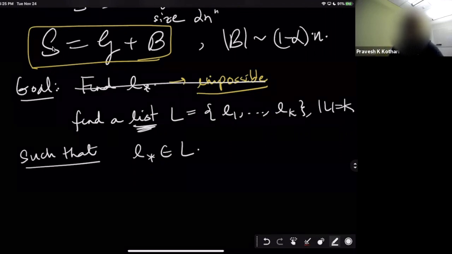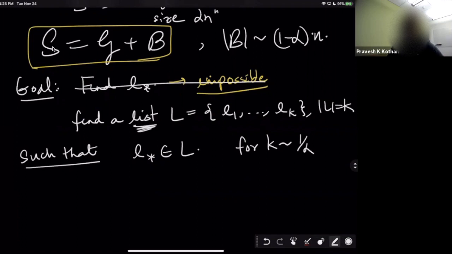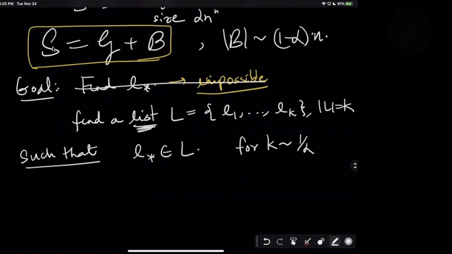Even in that case, I should be able to produce a list of 10 hypotheses, 10 candidates, such that one of them is the correct candidate, right? This 10 is basically 1 over alpha in general. In general, I can expect to find about 1 over alpha candidates, such that one of them is always the truth I was after. Okay, so that is going to be our goal. So do we know how many sets S we can squeeze into one set of size n?